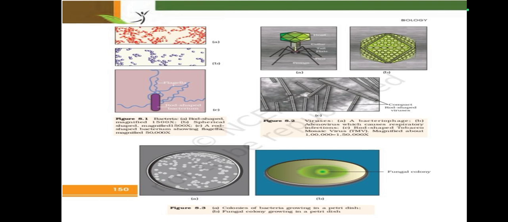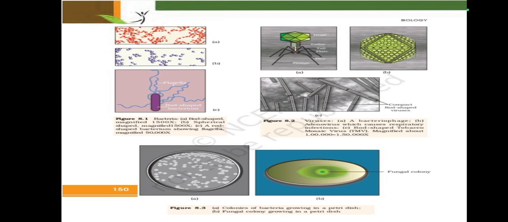Figure 8.1: bacteria, A, rod shaped, magnified 1500 times; B, spherical shaped, magnified 5500 times; and C, a shaped bacterium showing flagella, magnified 50,000 times. Figure 8.2: viruses.